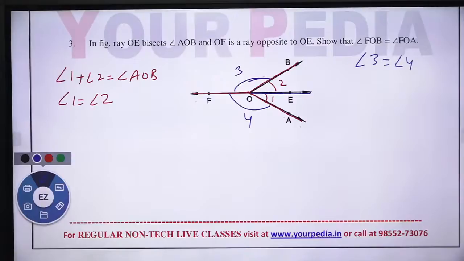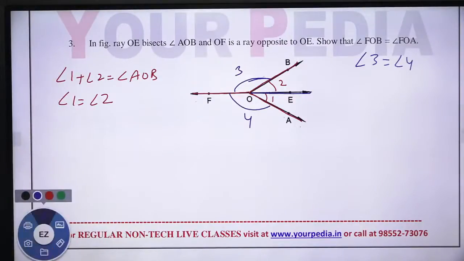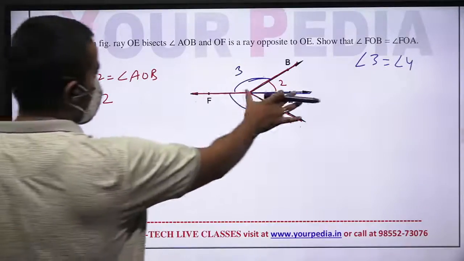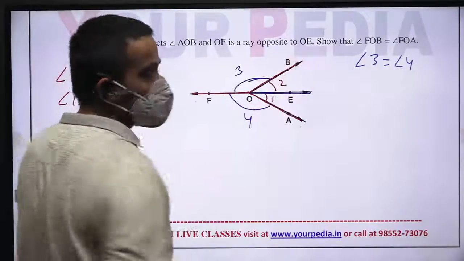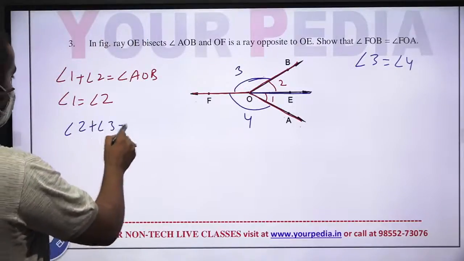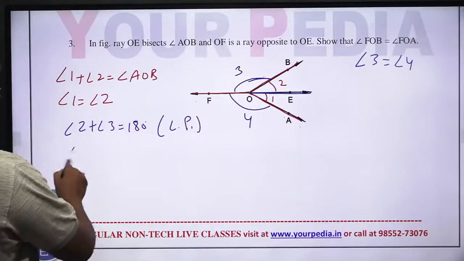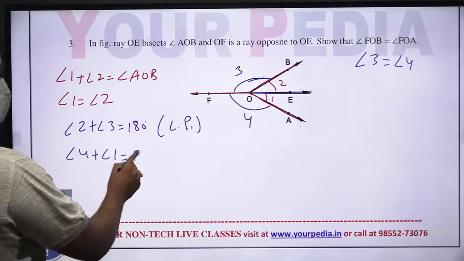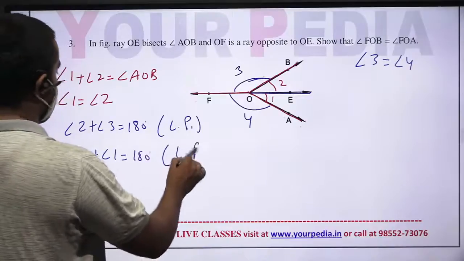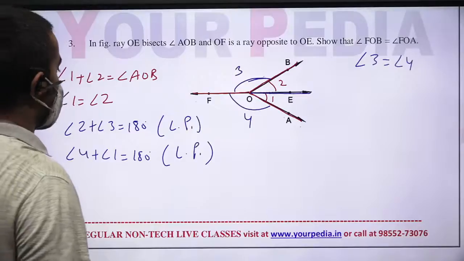Now we can say that you have two opposite rays and an arm standing on this. So angle 2 plus angle 3 will be equal to 180, linear pair. Please check. And similarly, angle 4 plus angle 1 will also be 180, linear pair. So we have to prove angle 3 is equal to angle 4.